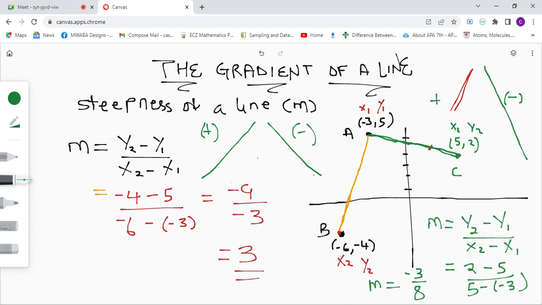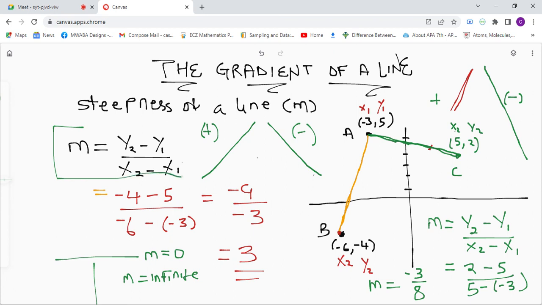Then a straight line has a gradient of 0, and a vertical line has an infinite or undefined gradient. And to get the gradient of a line, you use this formula: m equals y2 minus y1 over x2 minus x1.